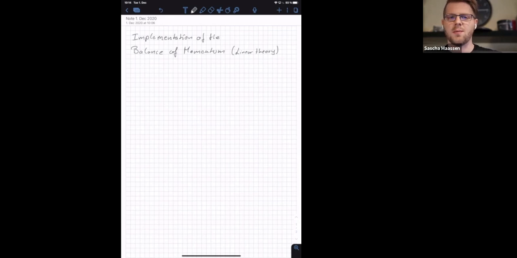So we will derive today the balance of momentum in the full form. That means we will include the dynamic terms for a body force, using the acceleration, and also we will use a viscoelastic material law. I've written here already, we are focusing on linear theory only.